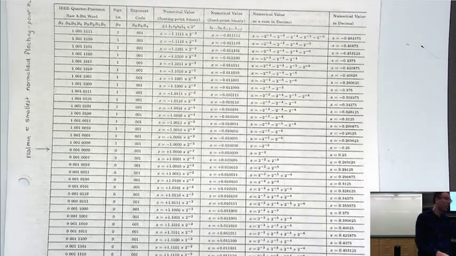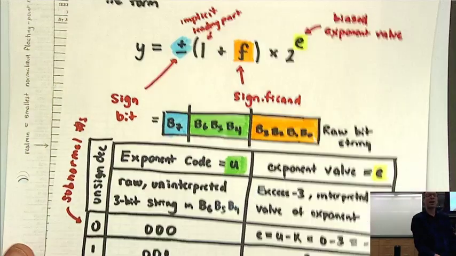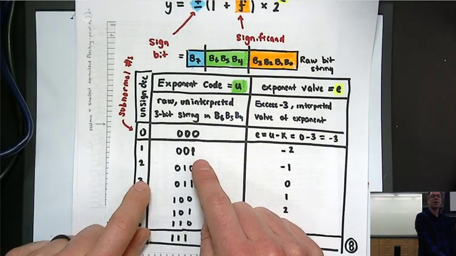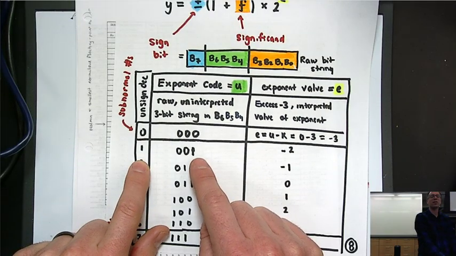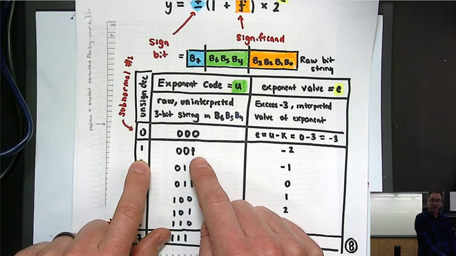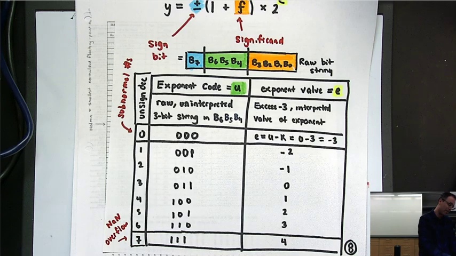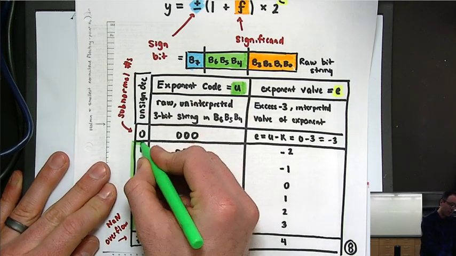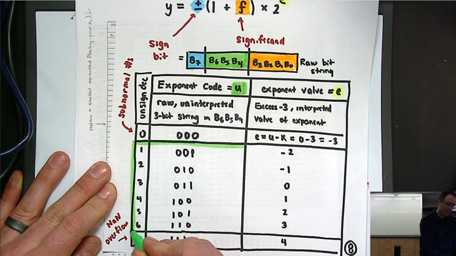So do you remember we said this? What's the lowest value that actually makes sense in terms of a normalized floating point number? What's the lowest value of the exponent bit? 1. Yeah. So this set right here, this set of exponent bits, we call normalized.